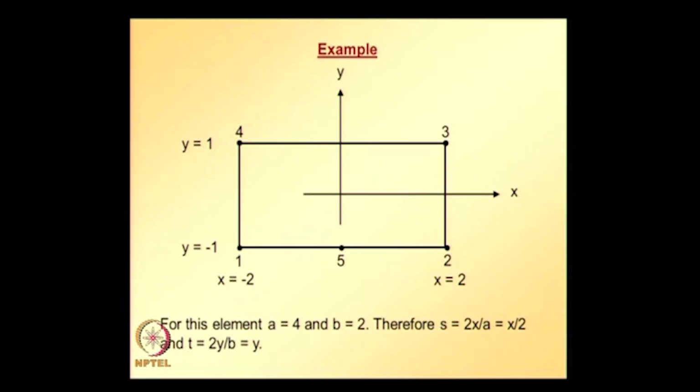For this element, A is equal to 4 units, B is equal to 2 units, therefore, s is equal to x over 2 and t is equal to y.